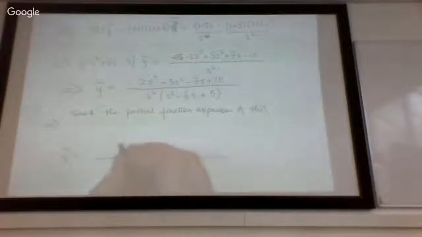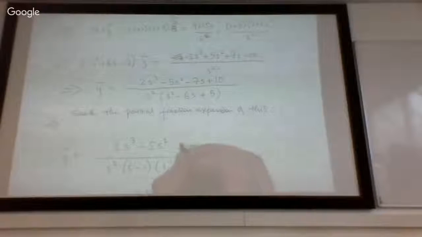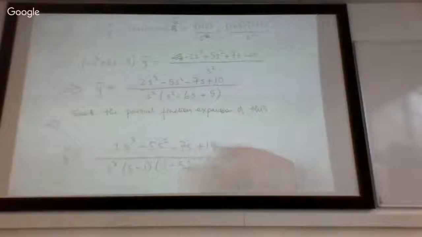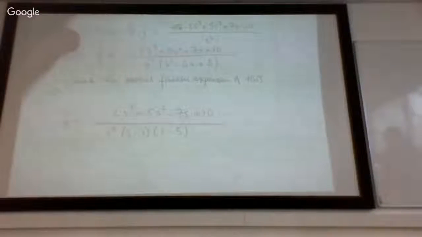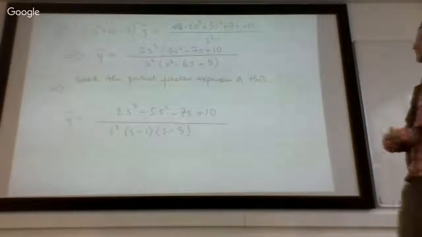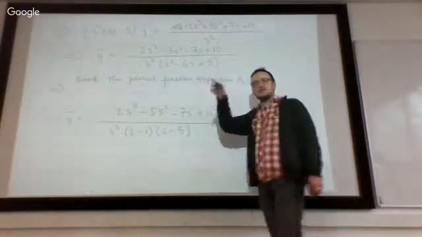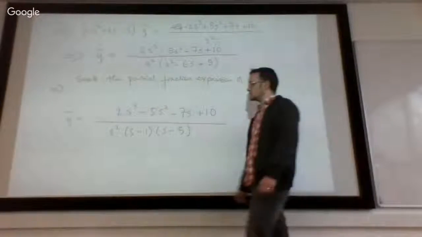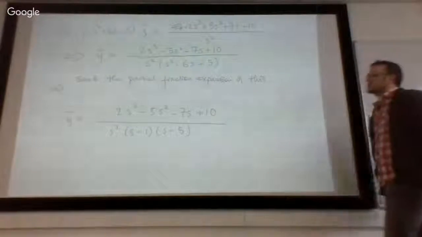On the top, we've got 2s cubed minus 5s squared minus 7s plus 10. Now, before we launch into partial fraction expansions, because there's potentially going to be 4 terms in the partial fraction expansion, so I'll need 2 for the s squared and 1 each for the s minus 1 and the s minus 5.